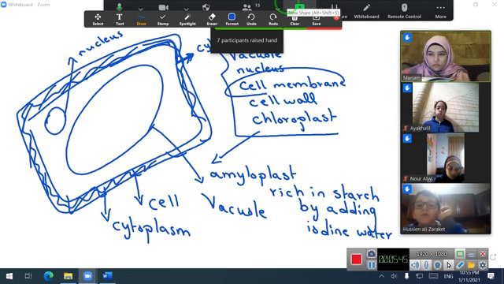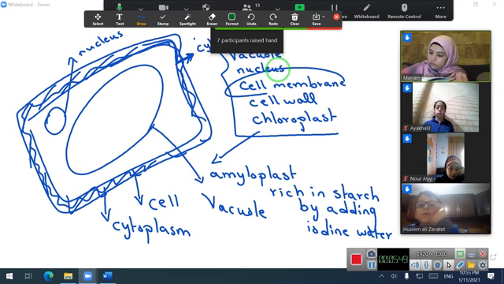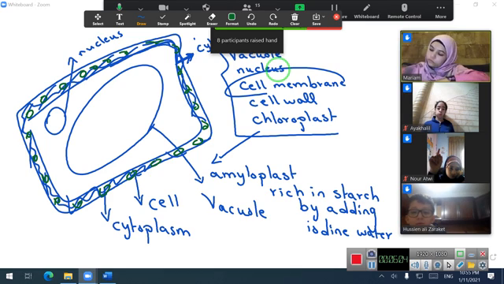I have another part, which are green parts inside the cell. What are these small green parts? Aya?